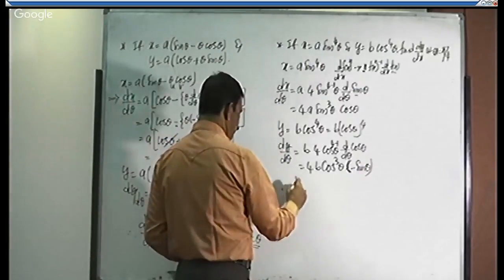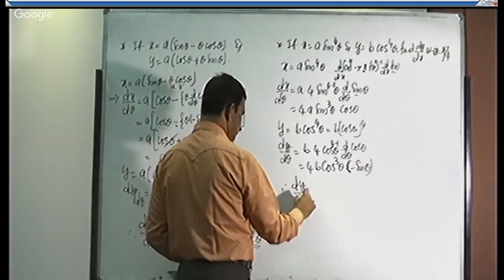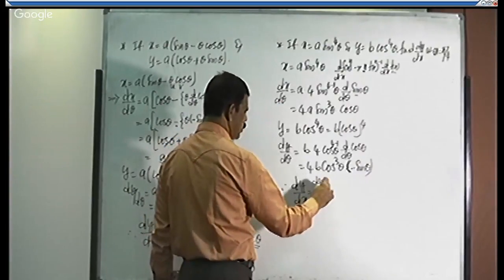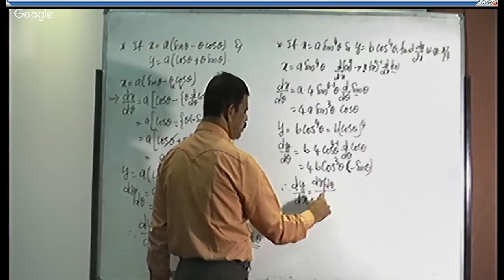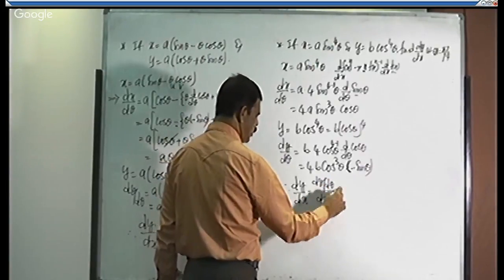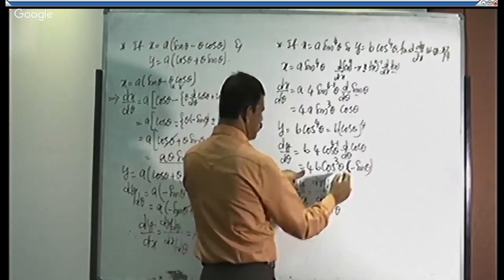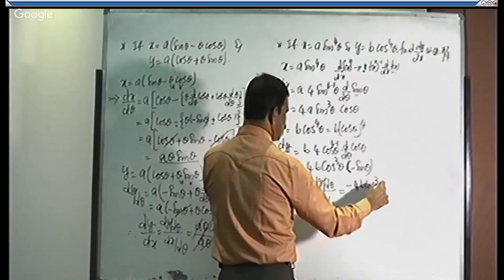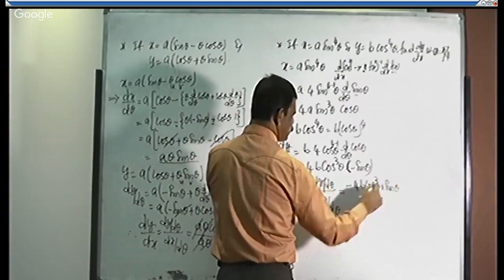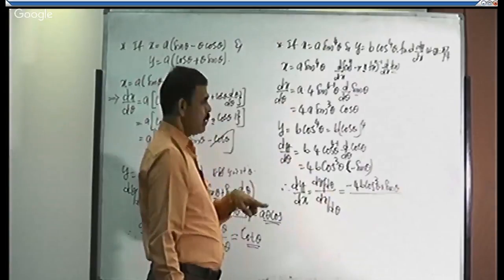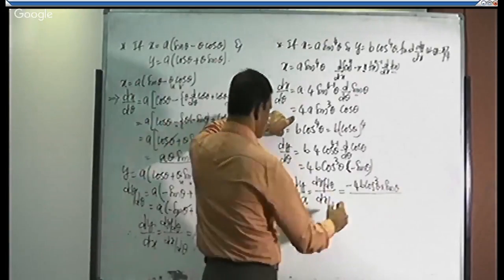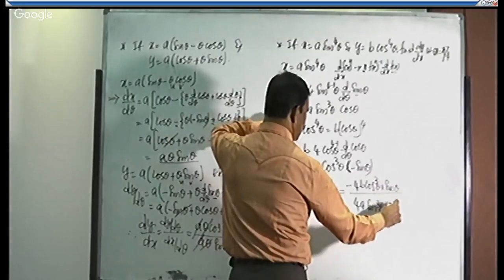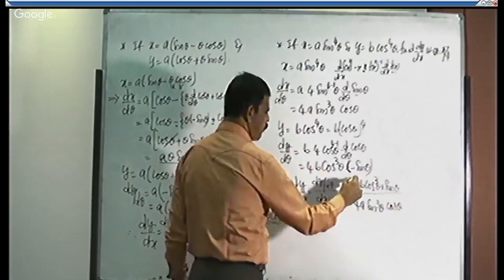Now, after getting dx by d theta and dy by d theta, get dy by dx. That is dy by d theta divided by dx by d theta. dy by d theta is what? Minus 4b into cos cube theta into sin theta, divided by dx by d theta. It is what? 4a into sin cube theta into cos theta. 4 cancels.